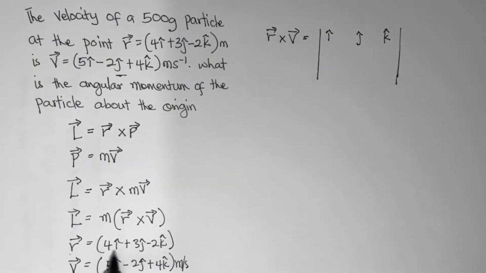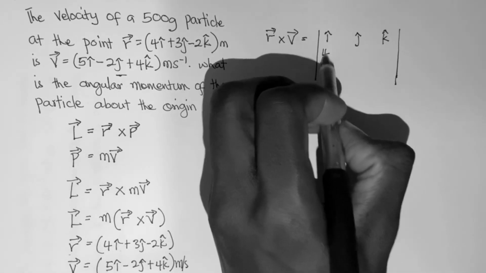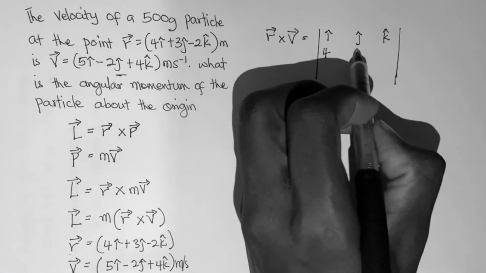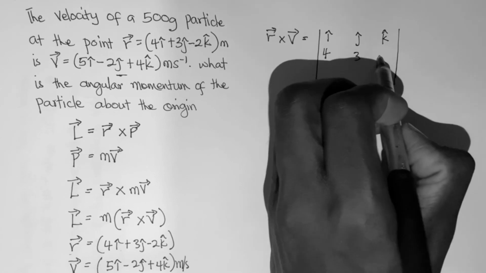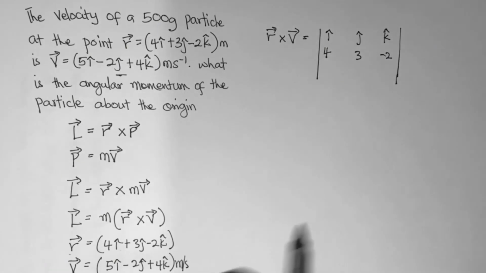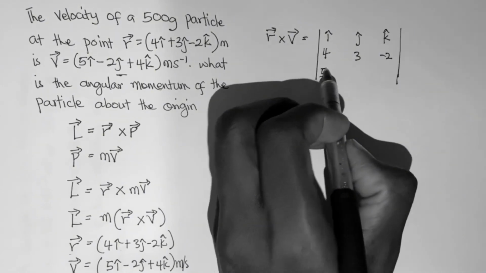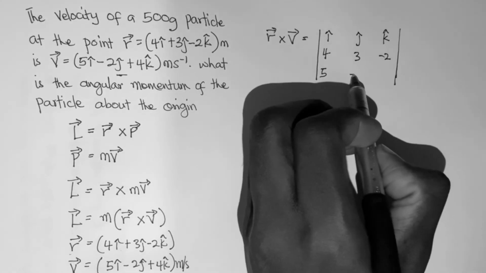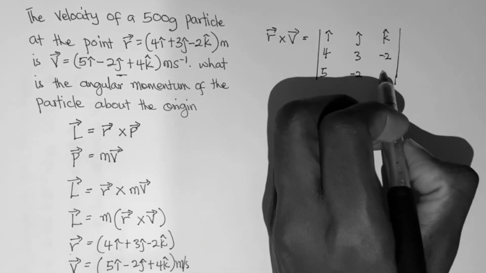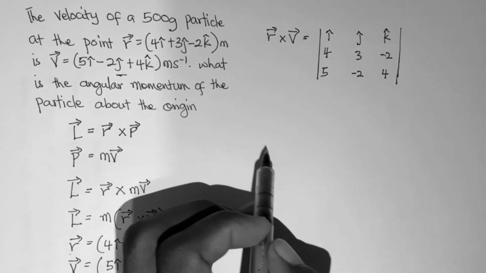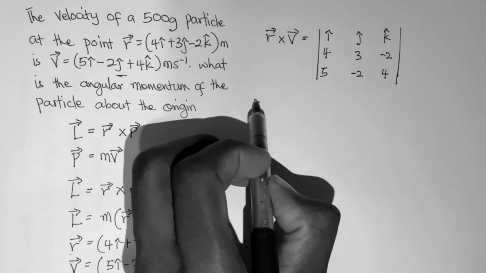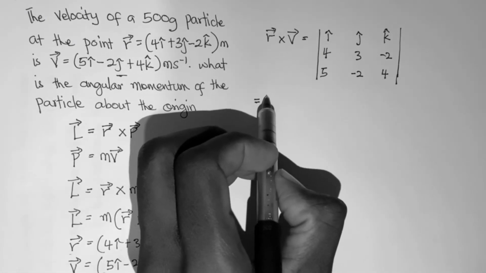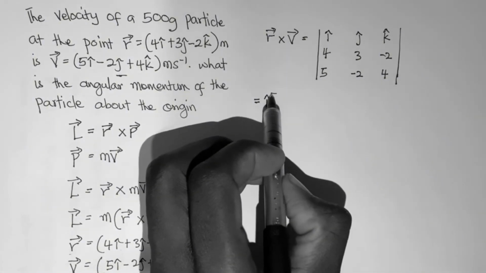The first row is the position vector r: 4i, 3j, and minus 2k. And then the velocity vector: 5i, minus 2j, and 4k.